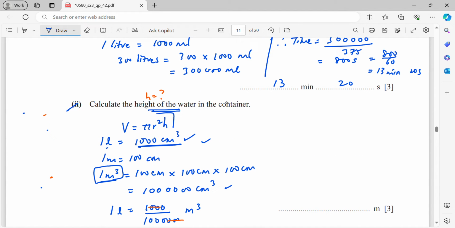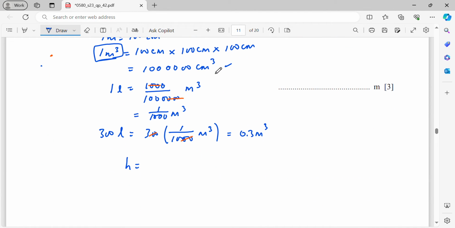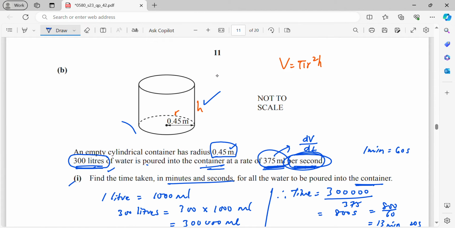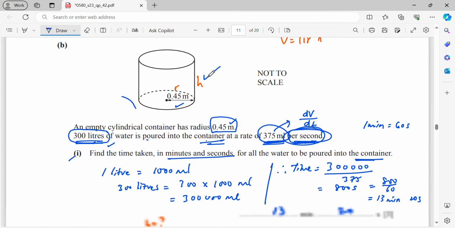So, use this formula, V is pi r square h. So I will just rewrite, okay, V is pi r square h. So to get my h, it will be V over pi r squared. Now my V is 0.3 meter cube over pi, which is 3.142. Then the r will be based on the diagram, 0.45 meters.